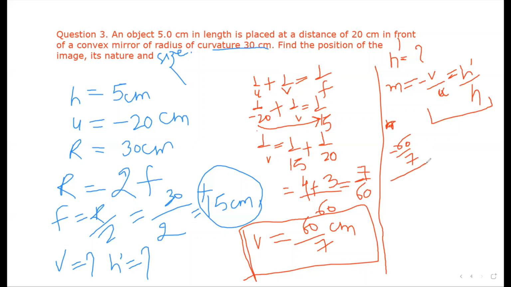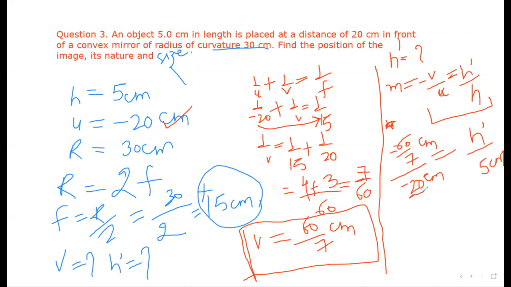divided by U. What is U? That is minus 20 centimeter. From where have I written U? From here. Equals H dash, that we have to find out. What is H? That is 5 centimeter, which will always be positive. So first you solve the left hand side.